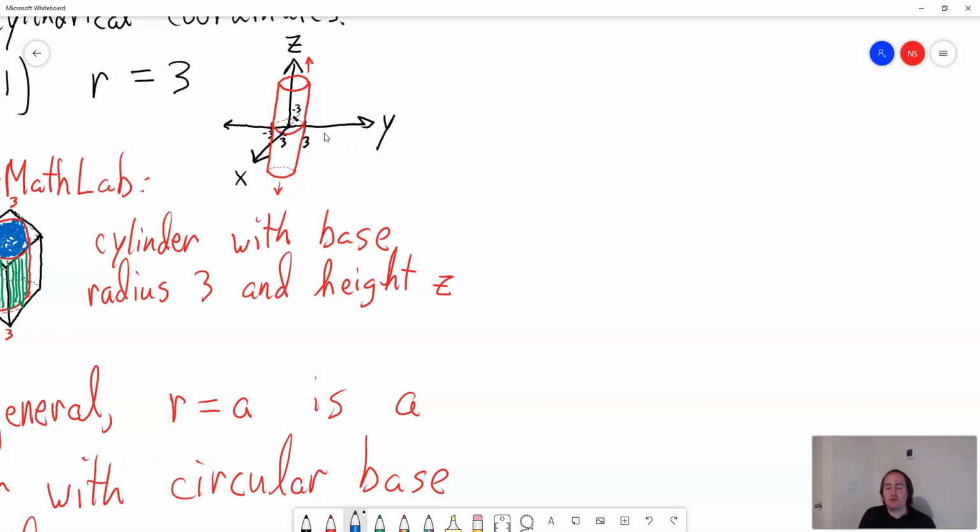So just the same way in problem number 3, we replaced r squared with x squared plus y squared, we're going to need to replace this r with something in terms of x and y. So how is that going to work? Well, you have to convert this polar equation to a rectangular equation. Okay, so GeoGebra for problem number 1.